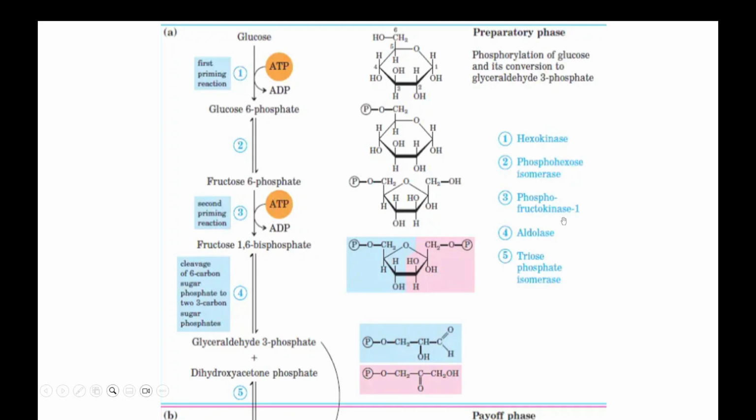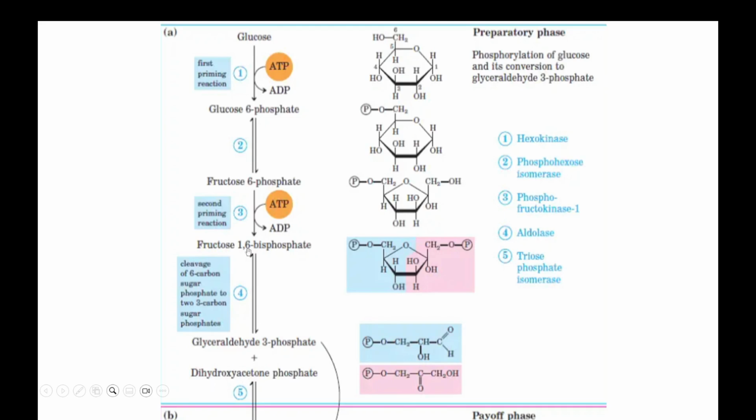And depending on what substrate is being phosphorylated, the nomenclature can change. Okay, next, this fructose 1,6-bisphosphate, another molecule of ATP was used, and this formed glyceraldehyde 3-phosphate and DHAP, or dihydroxyacetone phosphate.